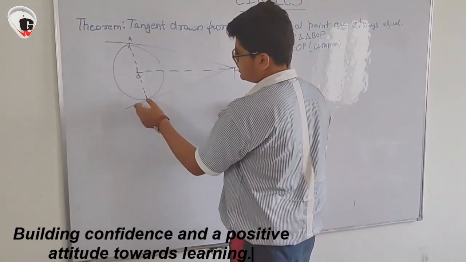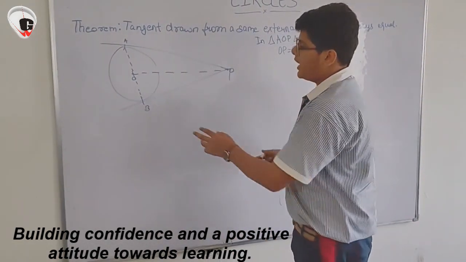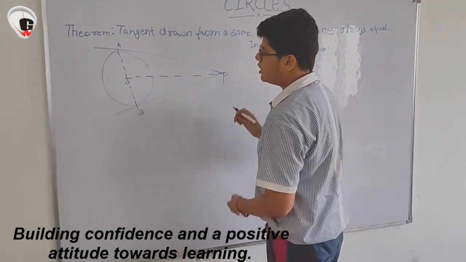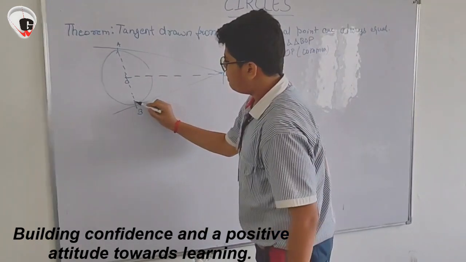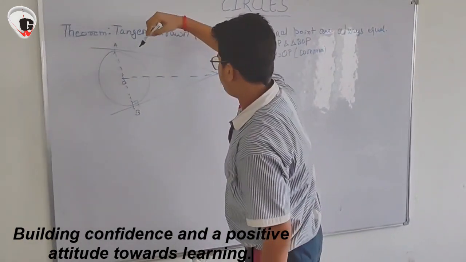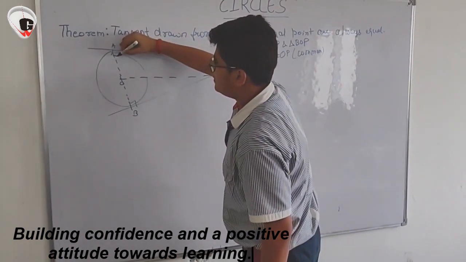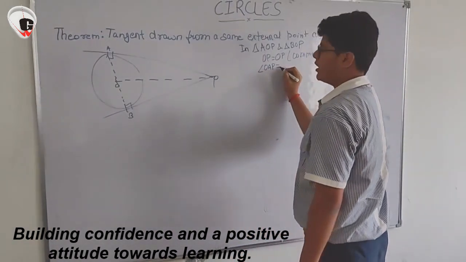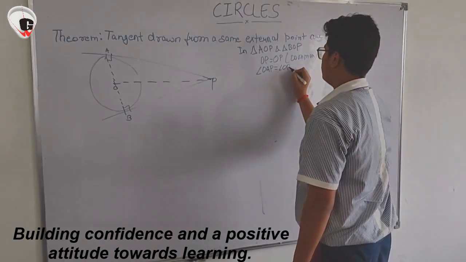You know the property that tangents are always perpendicular to the radius of the circle. So angle OBP is 90 degree and angle OAP is also 90 degree. So angle OAP is equal to angle OBP.